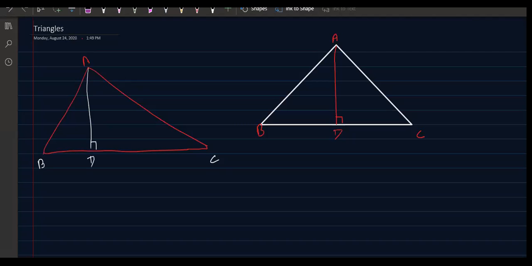Right, everyone? Got it? If you draw a line from C on AB, and suppose this is also making 90 degrees, so this CE is your altitude. Got it, everyone?